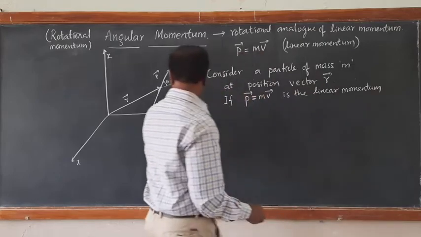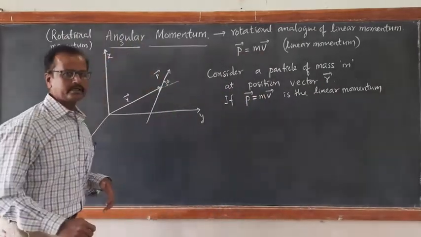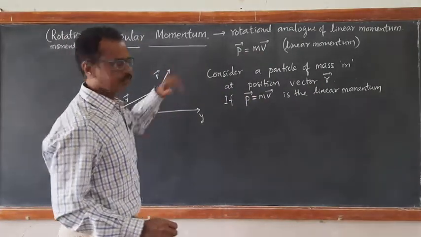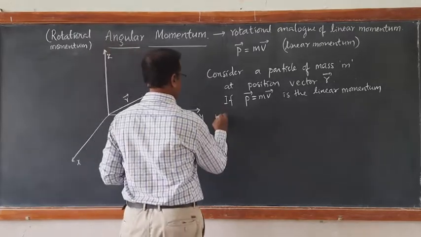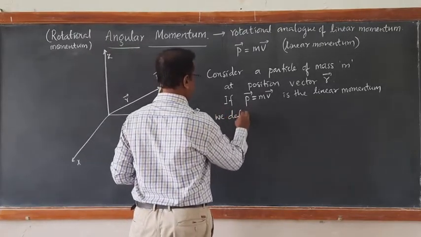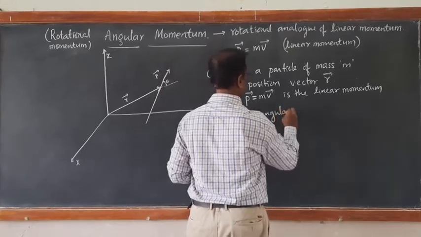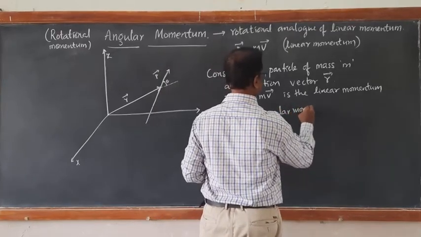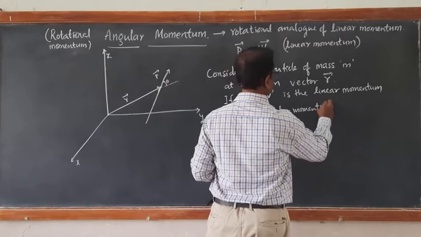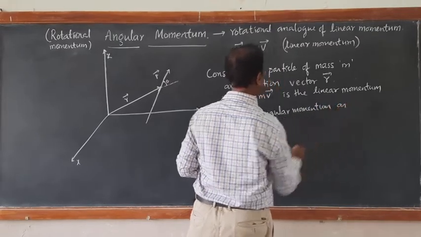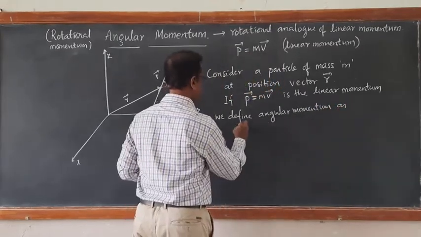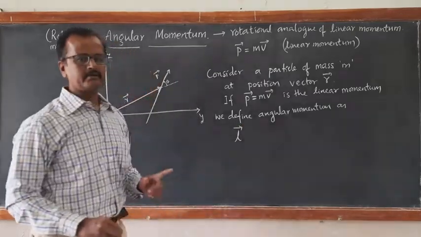Then we define angular momentum as, again, a cross product. Small l is the notation for angular momentum.